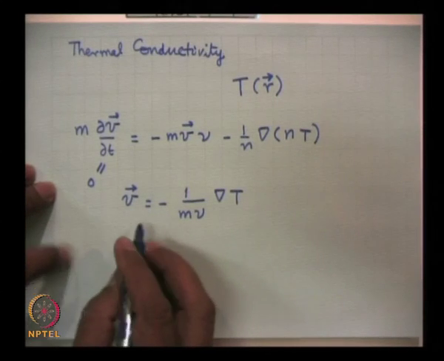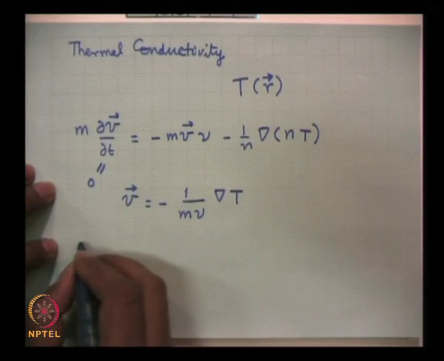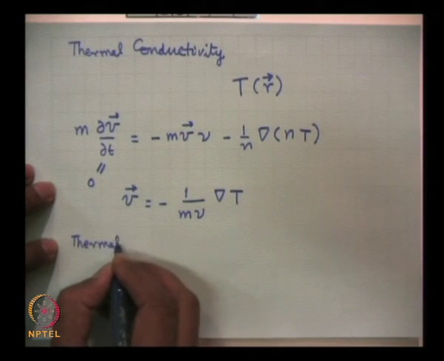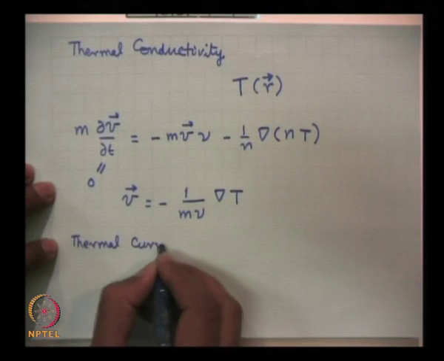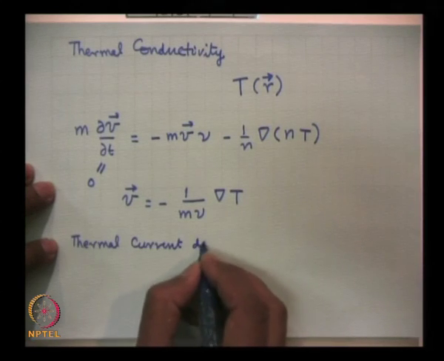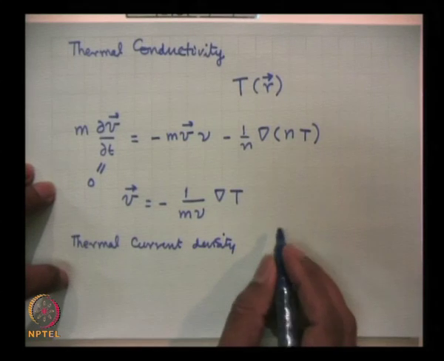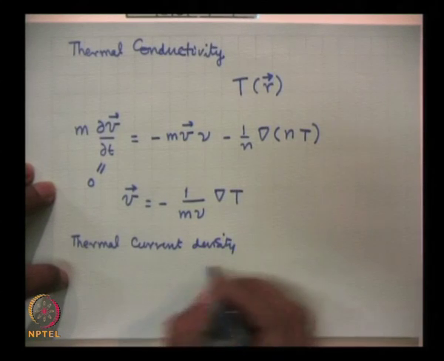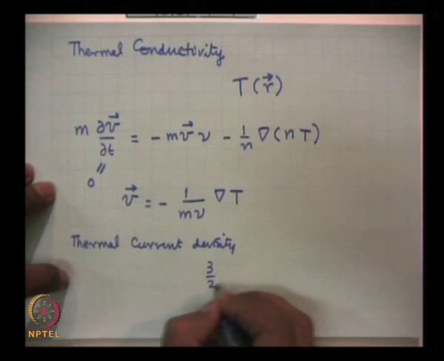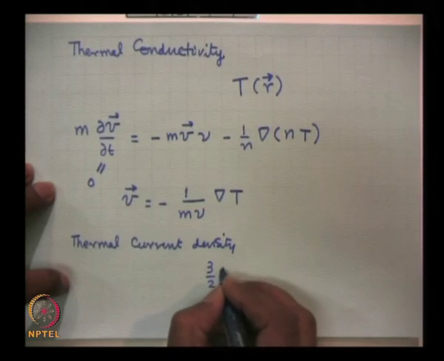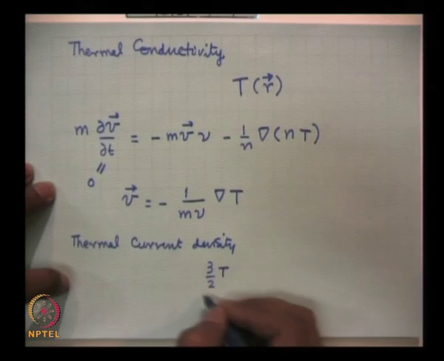Now, I can define a quantity called thermal current density. Each electron, when it travels, carries an energy of 3 by 2 kT, k being hidden in temperature. So, this is the average kinetic energy of an electron.